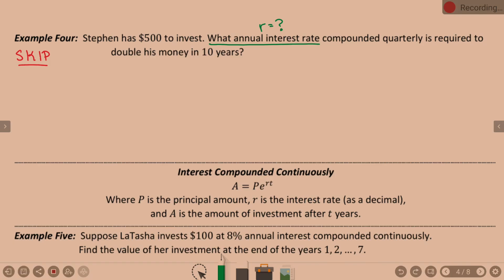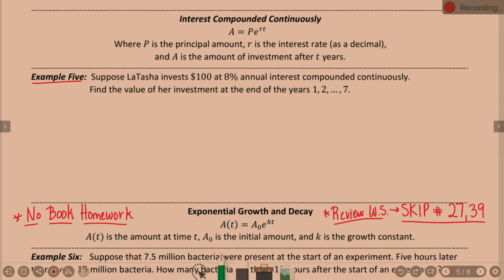Okay? So we're going to jump down and do one quick other thing, and we're going to talk about interest compounded continuously. Do you remember this formula? This has a formula all to itself. And you use this formula anytime you see the word continuously.